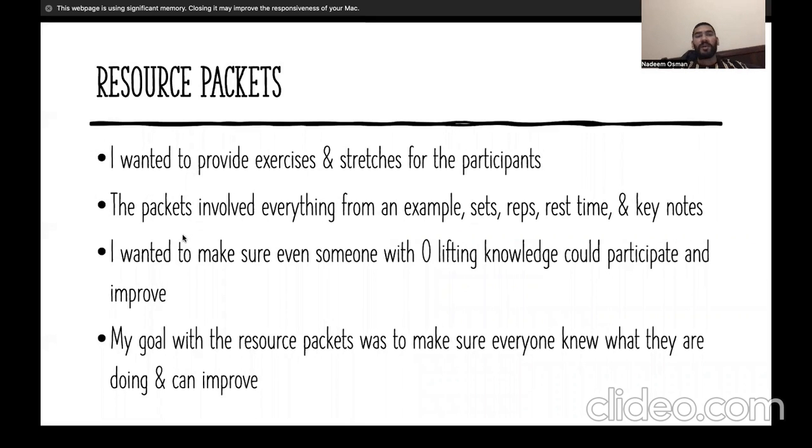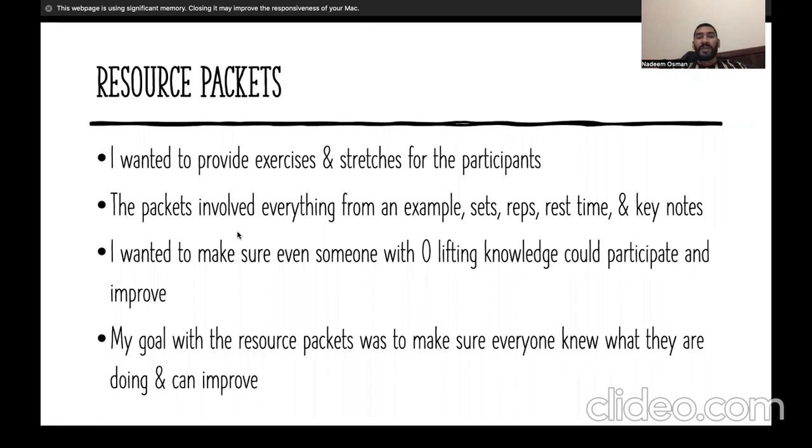Now, the resource packets. I want to provide exercises and stretches for the participants joining, in case there was anyone who didn't know what to do to improve in their category. The packets involved everything from examples to sets, reps, rest time, and keynotes, so they know what they're doing in those exercises.